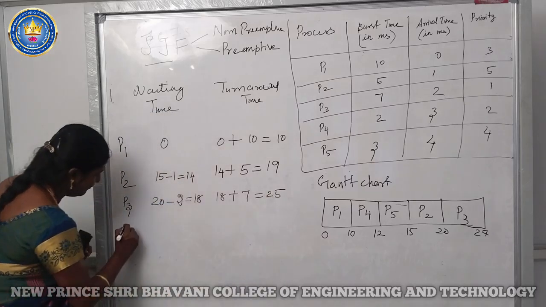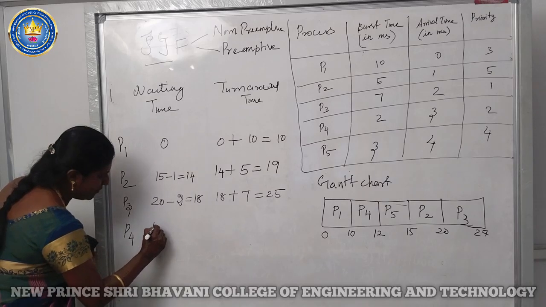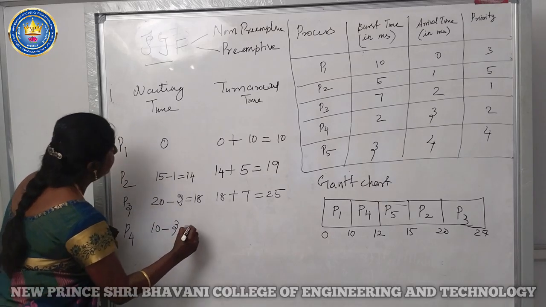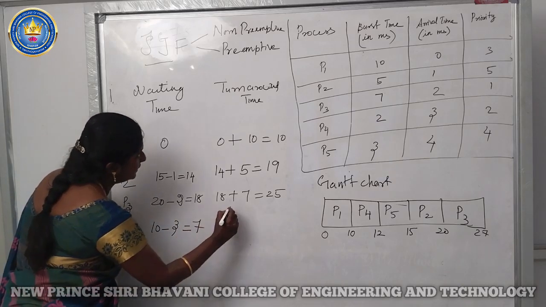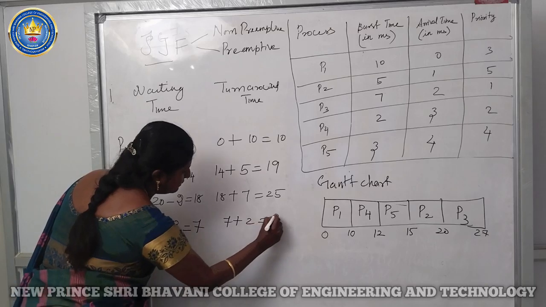Then for process P4, we allocated the CPU at the time of 10, and its arrival time is 3. So waiting time is 7, and turnaround time is 7 plus 2, 9.